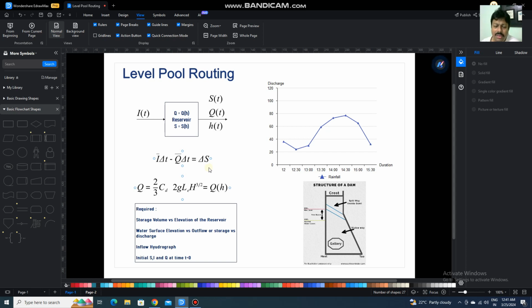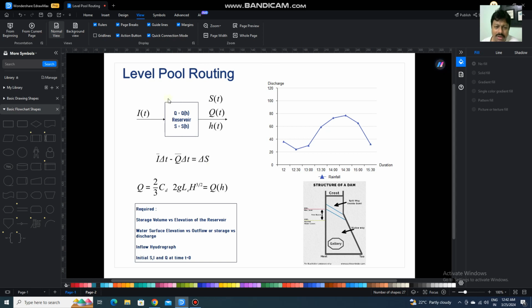Time period means the difference between the time when the inflow of water has left the reservoir minus the time at which the inflow of water enters the reservoir.